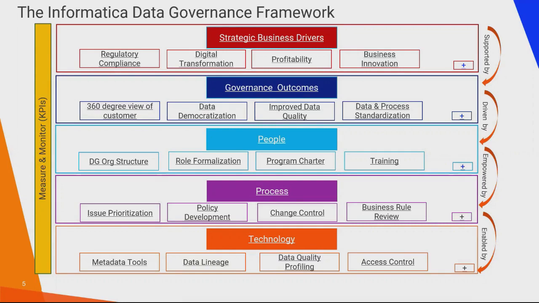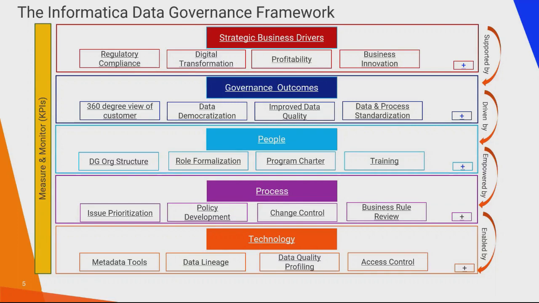Any business driver has corresponding business governance outcomes like data democratization and improved data quality, along with key KPIs that can be measured against the achievement. This plays a major role in seeing how the business has realized the value of the data governance framework. Technology-wise, Informatica being a data management leader, technology can be delivered with the products from Informatica.